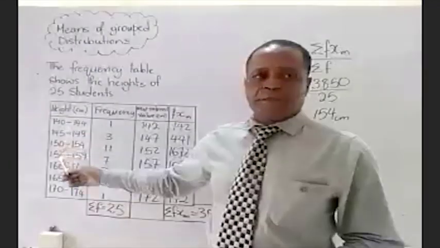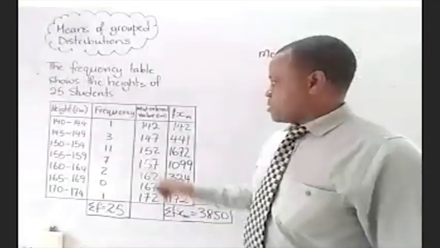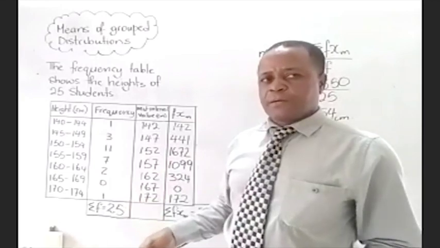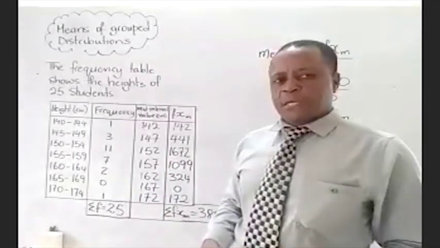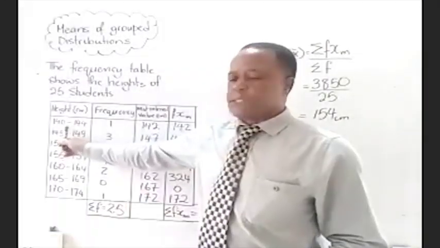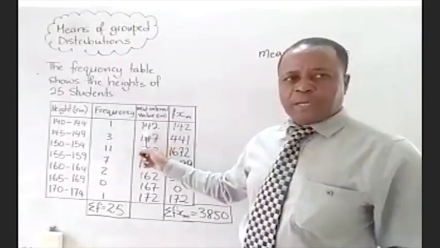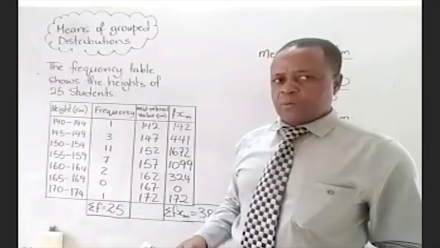In this case, the mid-interval value would have been 142. What is it that we're actually saying here? We're making an assumption that all the students who fall in this group would have had a height of 142 centimeters. That's what we're doing there.